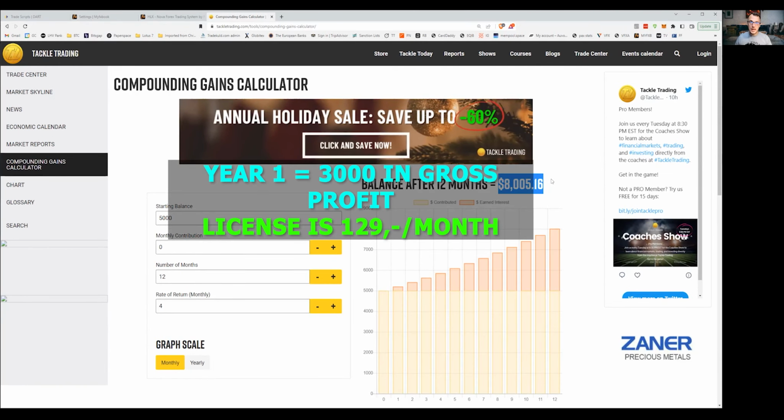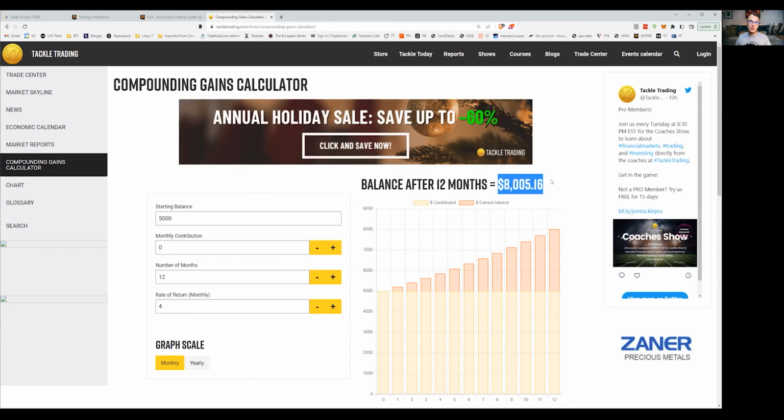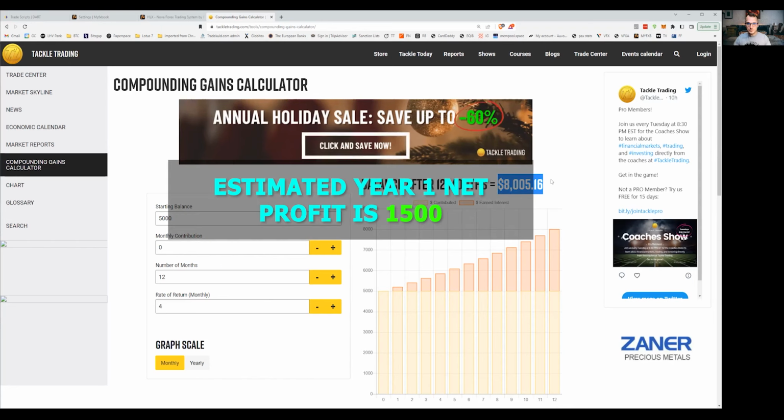That means it has made around $3,000 in profit. Now deducting the monthly fees I pay for licensing the robot, that is $129 US per month, which makes around 1,500 approximately per year. I'm left over with $1,500 US as net profit.